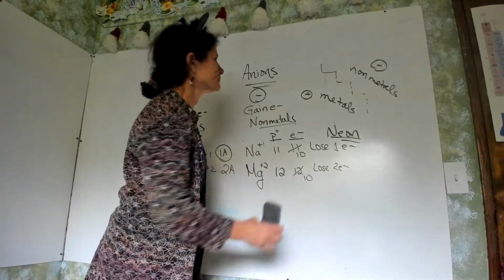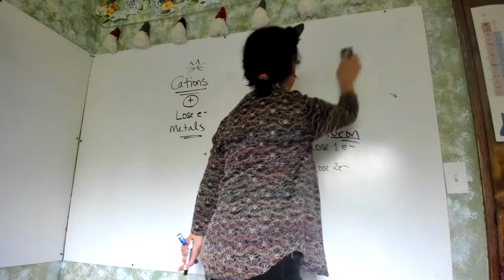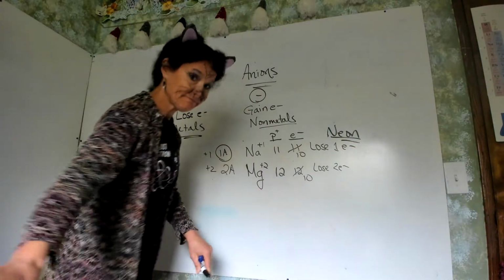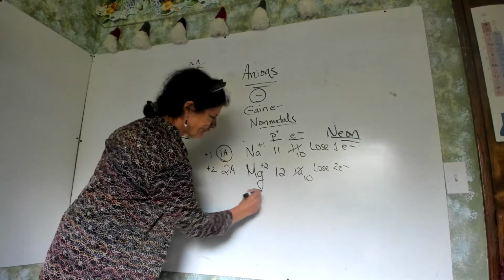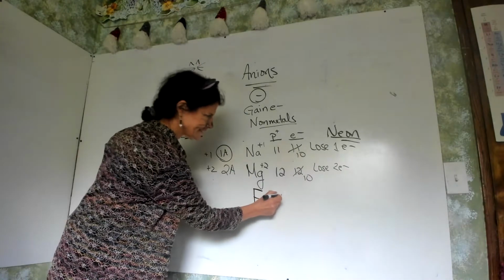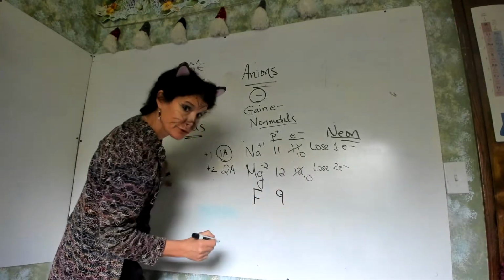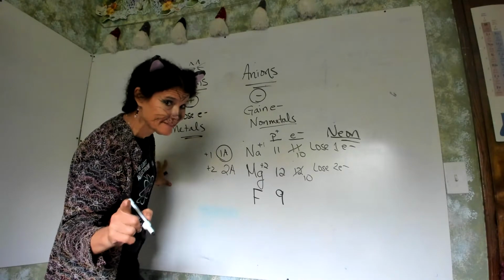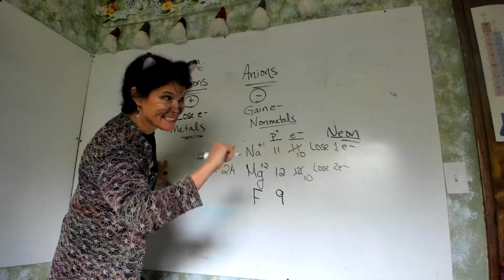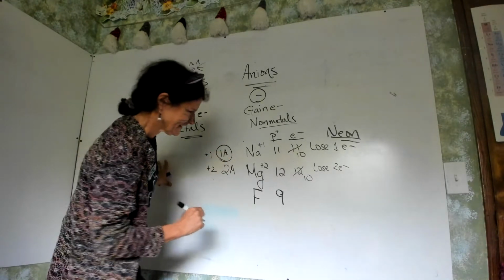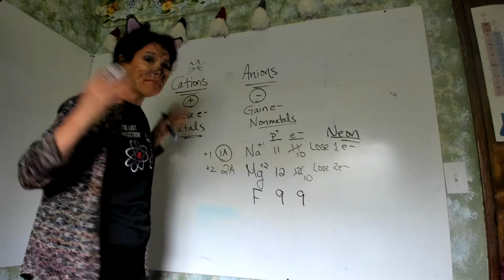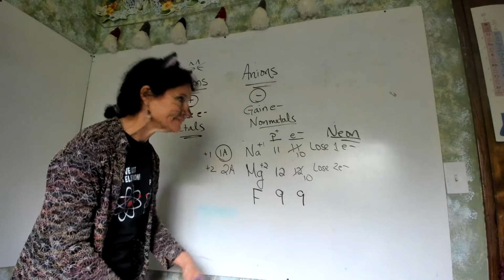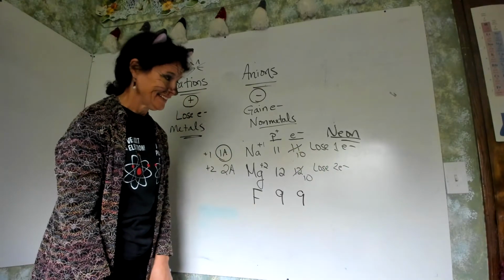All right. So the non-metals are going to gain electrons. Let's look at F. It has 9 protons. F is for fluorine, not Fl. That's a new element, down the bottom of the periodic table. F normally has 9 electrons, and that makes it extremely reactive because it's not like neon.